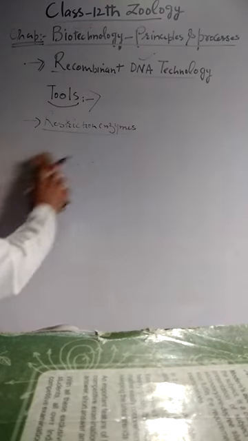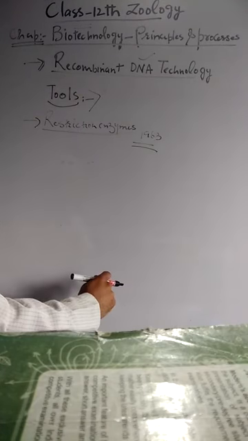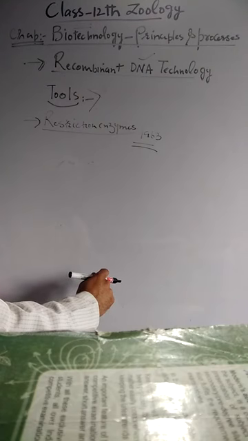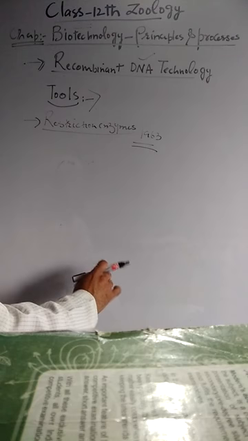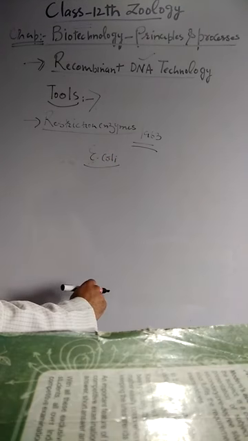Restriction enzymes. Stewart Linn and Werner Arber were the first scientists who isolated these restriction enzymes in 1963. These enzymes restricted the growth of bacteriophage in the bacterium Escherichia coli.